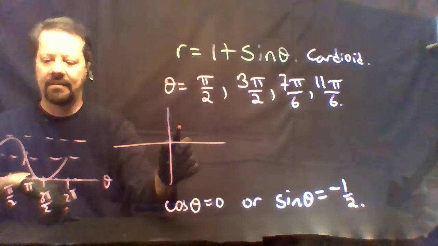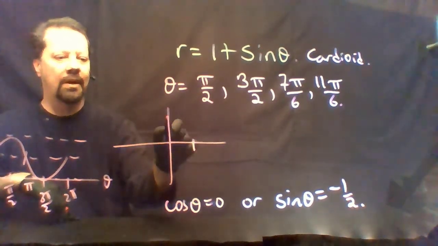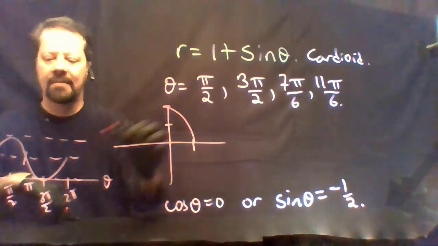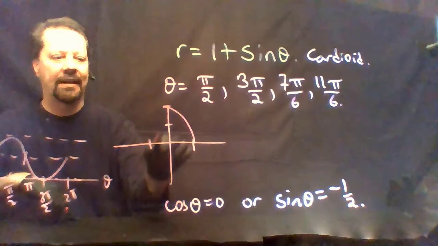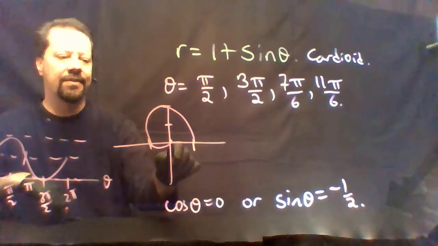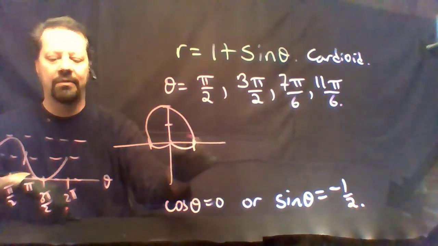The graph then starts with a radius of 1. At pi over 2 we have a radius of 2. By the time we reach pi, we're back to a radius of 1. At 3 pi over 2 we get a radius of 0, and then back out to a radius of 1 at 2 pi.